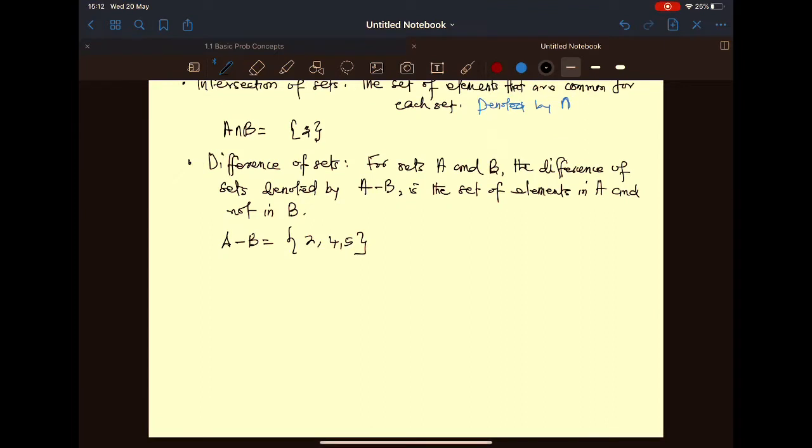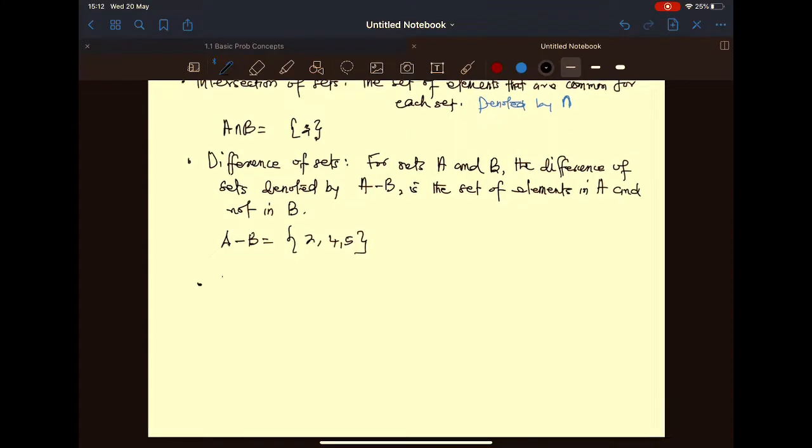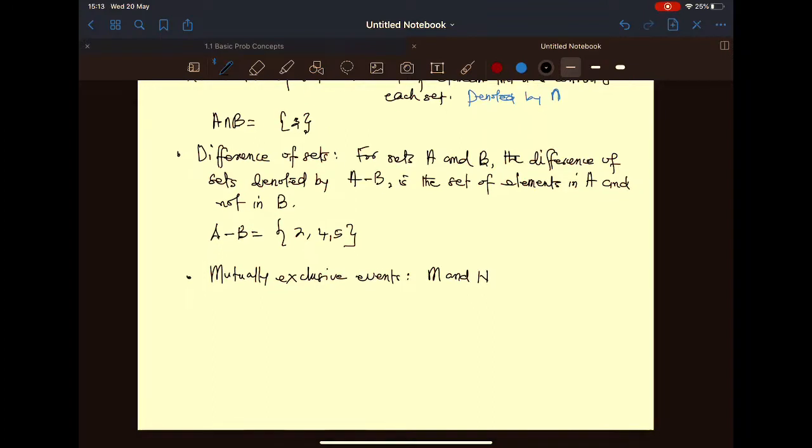Okay. Also, we would want to know what mutually exclusive events are. Two events M and N are said to be mutually exclusive if they cannot occur at the same time.